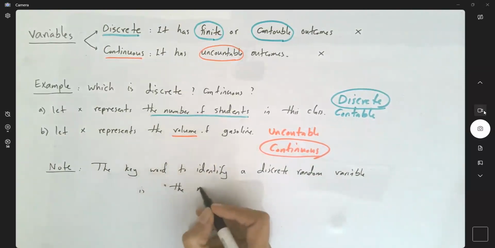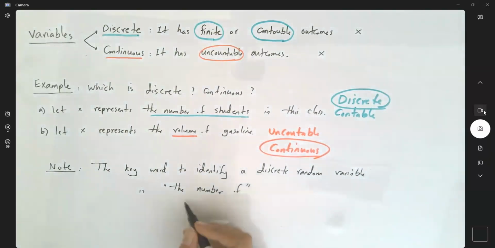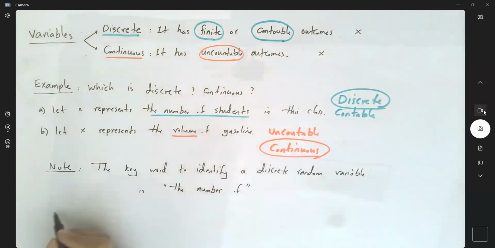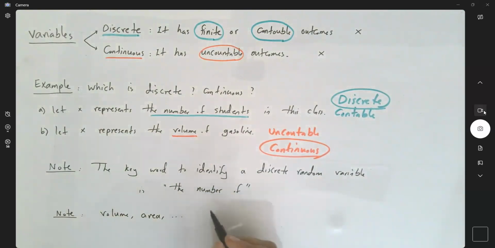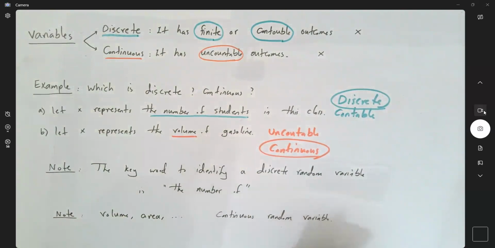So wherever you see the number of, you quickly say that, hey, it is countable or it is discrete. Another note for you. When it comes to volume, when it comes to area, and things like this, we're always dealing with continuous random variable. That's the main difference between these two.